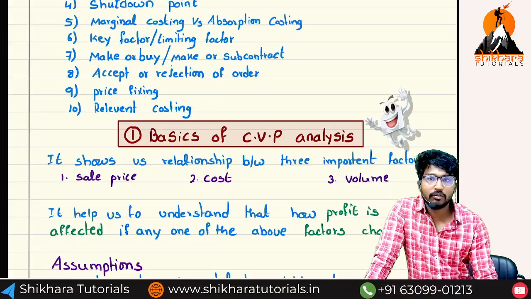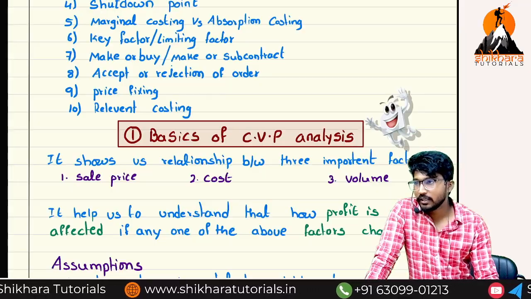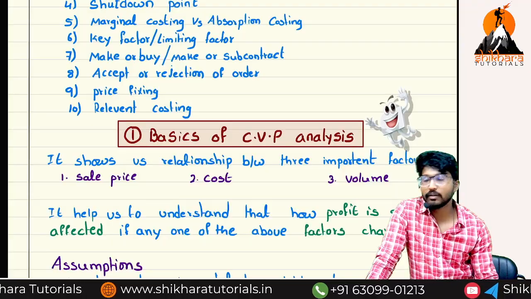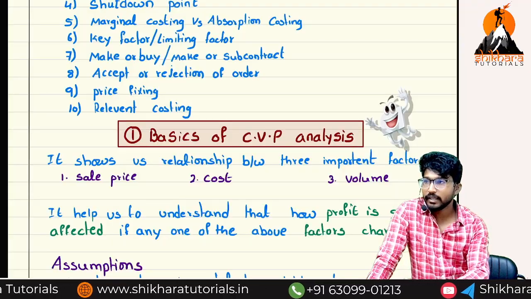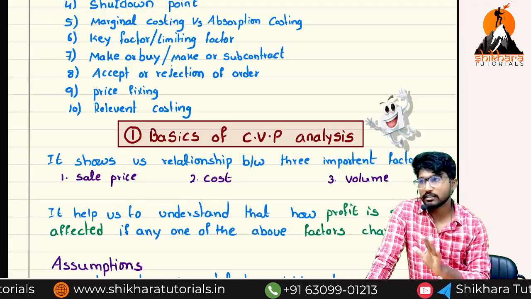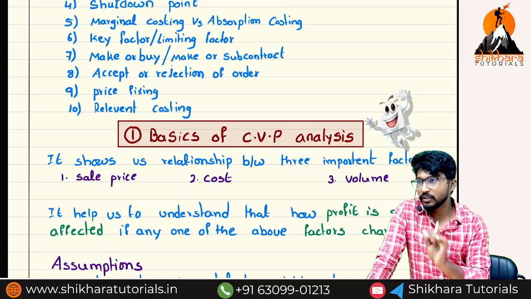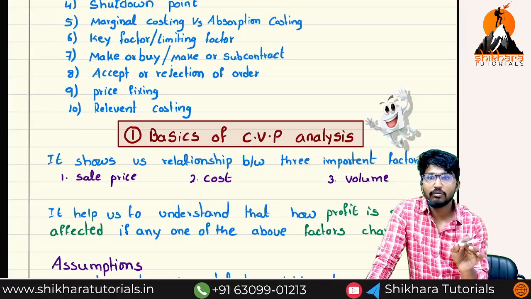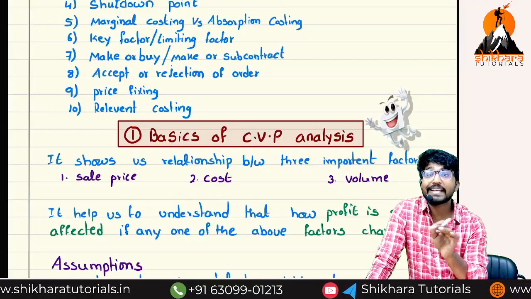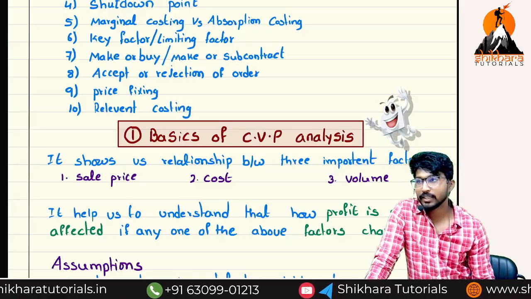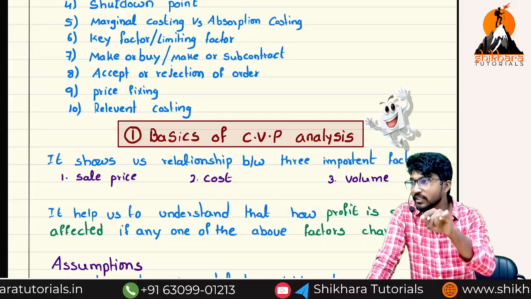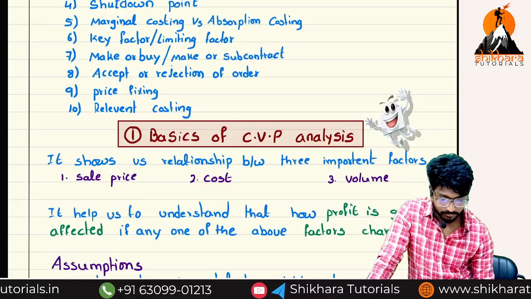So that means we have to learn relevant costing as well. One of the biggest chapters in entire management accounting is marginal costing. If you learn marginal costing fully, it is very easy to solve problems from transfer pricing. Transfer pricing is indirectly linked with marginal costing.